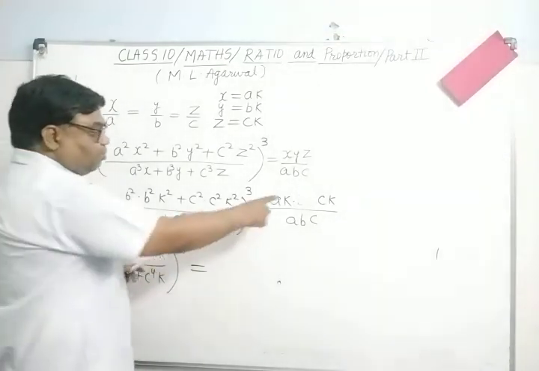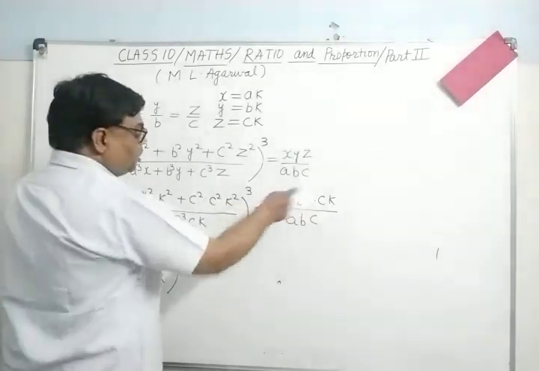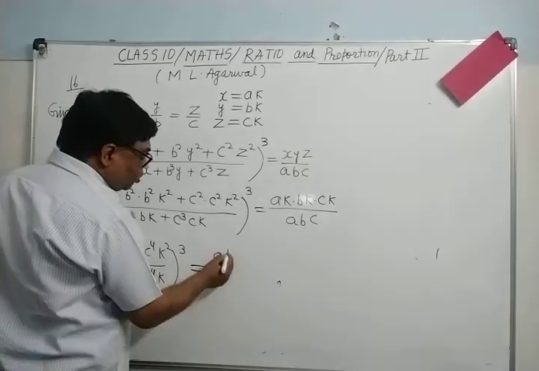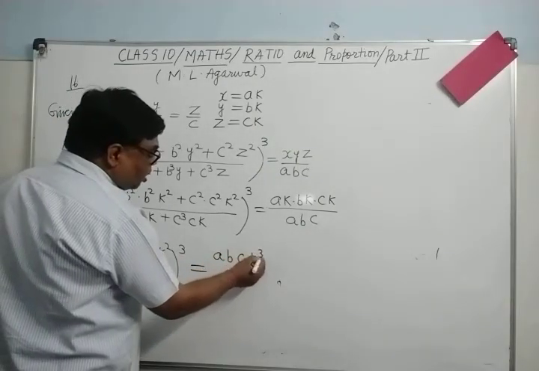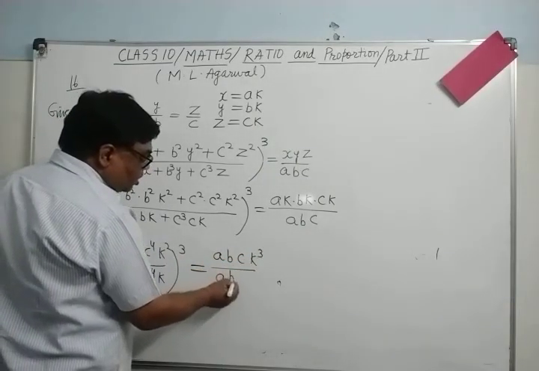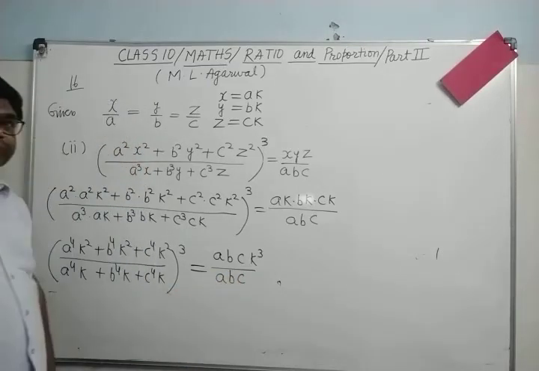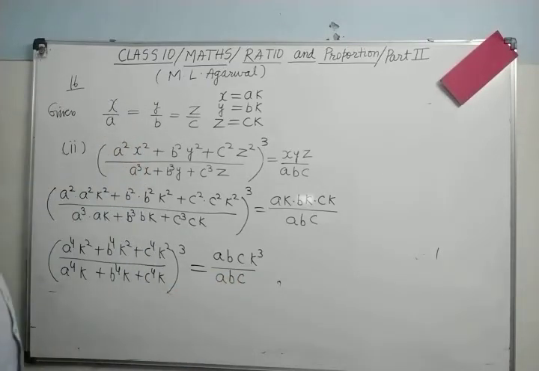So ak, bk, ck: it will be a into b into c, and k into k into k is k cube, upon abc.